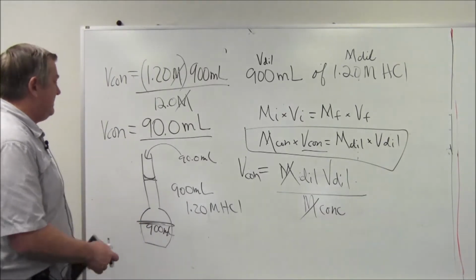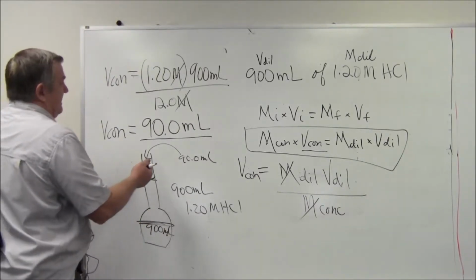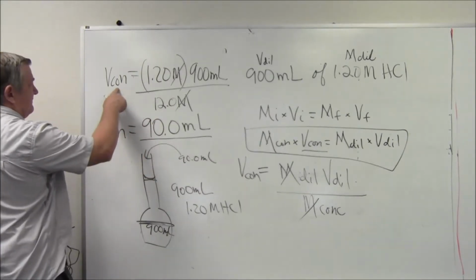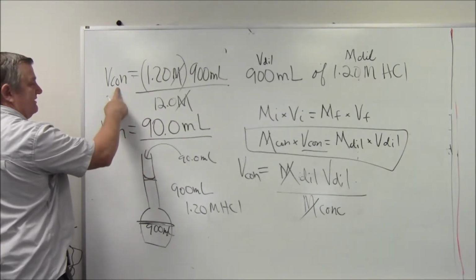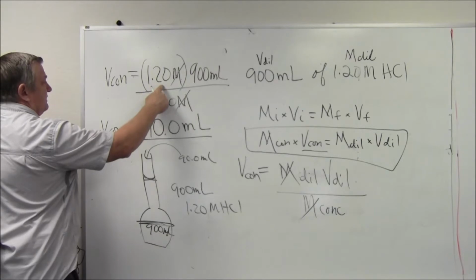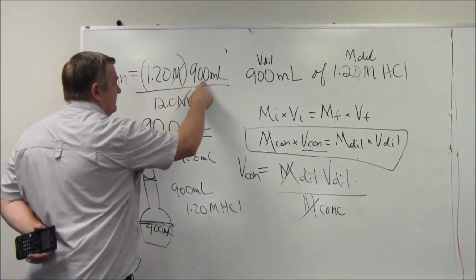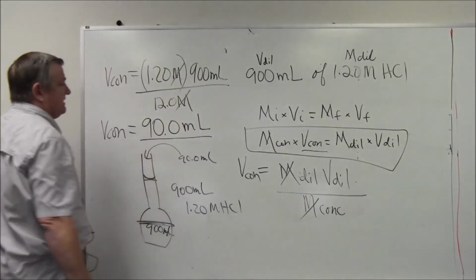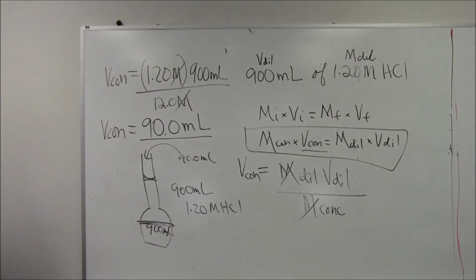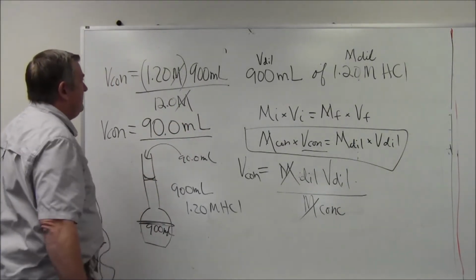Okay? So once again, we did the math here. We solve for V concentrated. I usually put V initial. Dilute is, our desired is 1.2 molar times 900 mils we want of it, divided by our stock molarity, and that is 90. Okay?